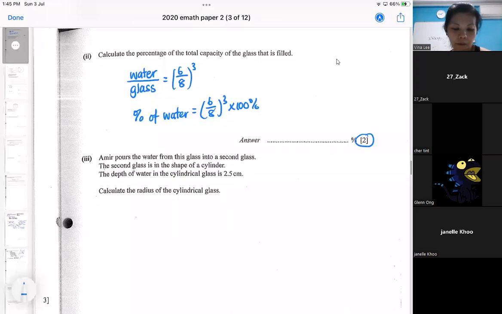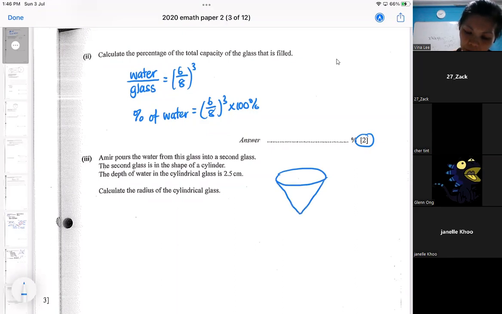Okay. So from here, you're going to pour the amount of water into the glass. This is the real time that you actually need to calculate the amount of water. So you need to calculate the original. I can't remember, oh, this is 5.5. So you have to calculate the original volume first, which is 1/3 pi r square height. And then make sure you remember that it's not all filled up.